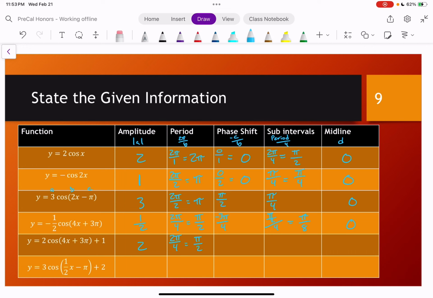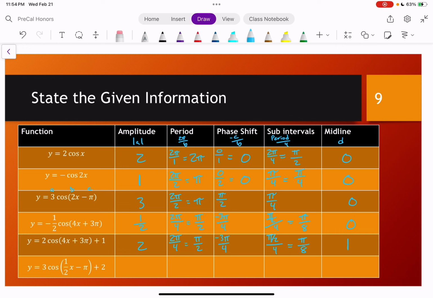Our subinterval would be pi over 2 divided by 4, which is pi over 8. Our phase shift is negative c over b, so we're going to have a negative 3 pi over 4. In this case, we do have a midline. As you can see, that positive 1 would be the midline.